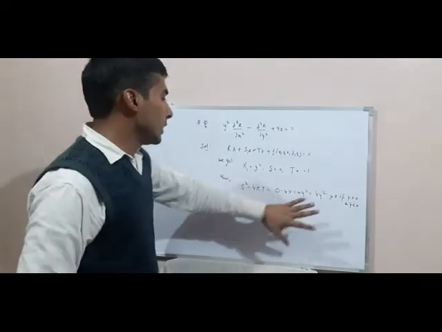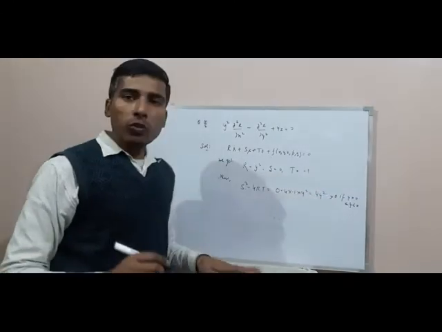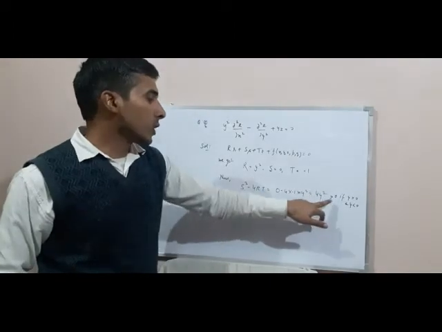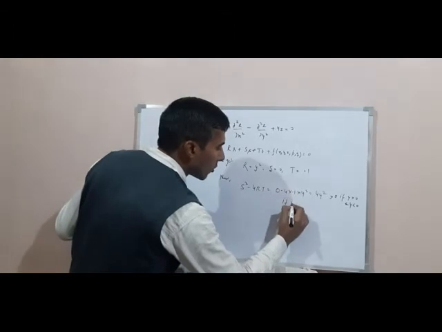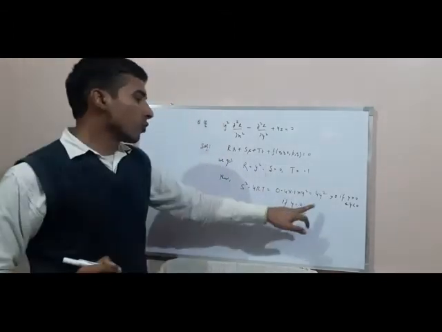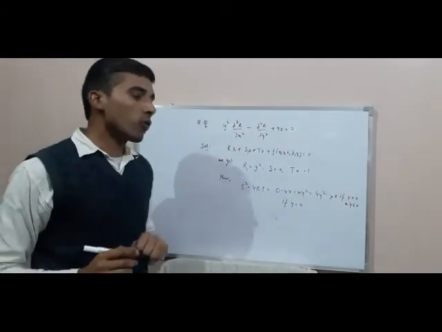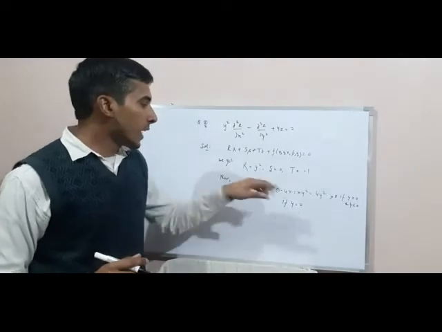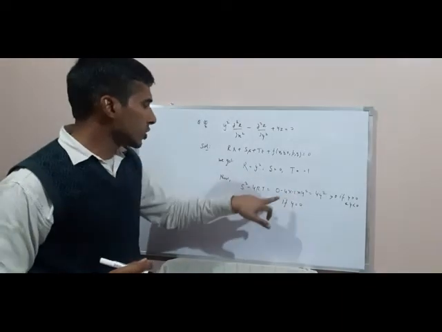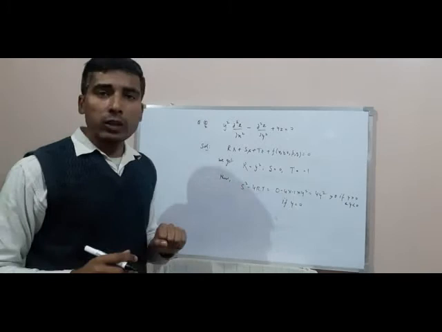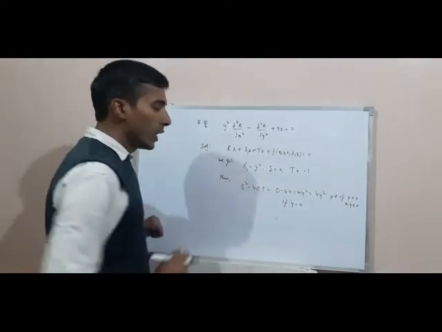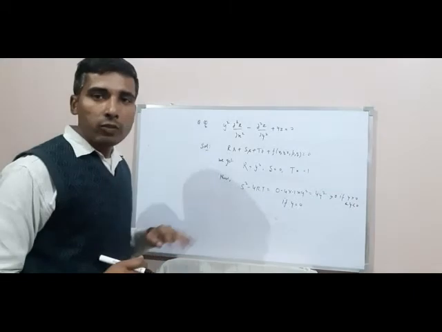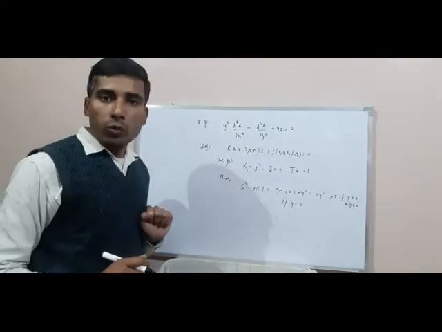So in both cases, y greater than 0 or y less than 0, the given equation is hyperbolic. Now what will happen if y is 0? If y is 0, we get S² − 4RT equal to 0, so in such a situation the given equation is parabolic.